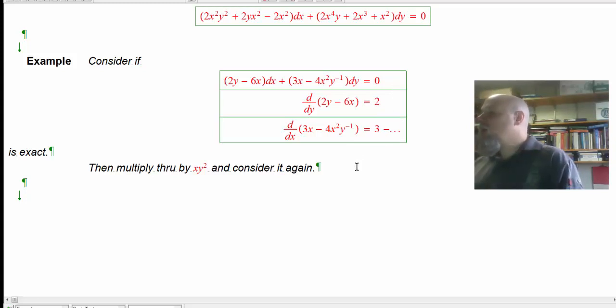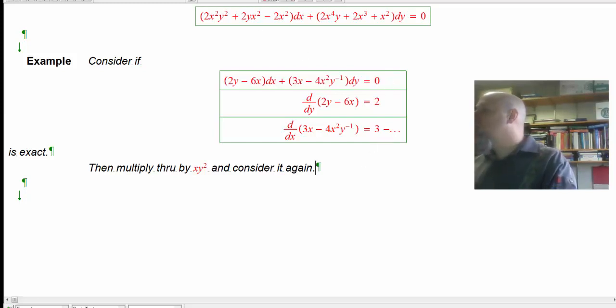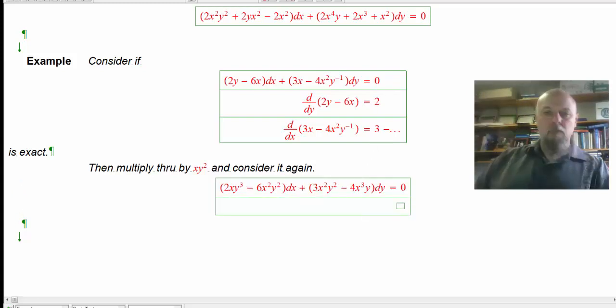So we can't proceed. But my point now is, if I take a look at this original differential equation, before I check to see if it's exact, consider that I could take an example and mess it up by multiplying through by an integrating factor.